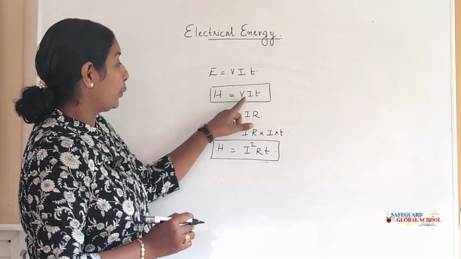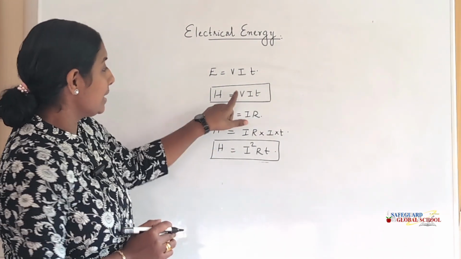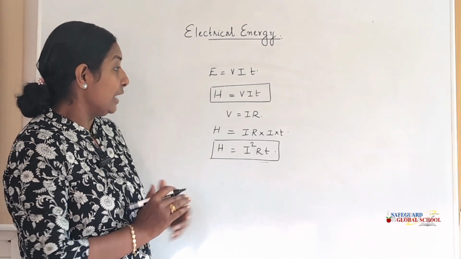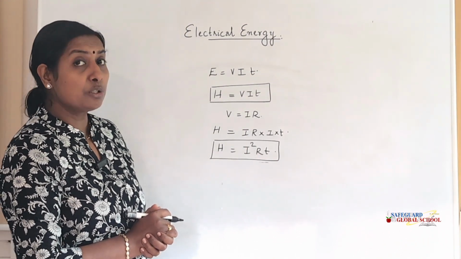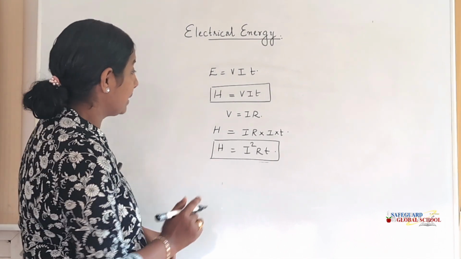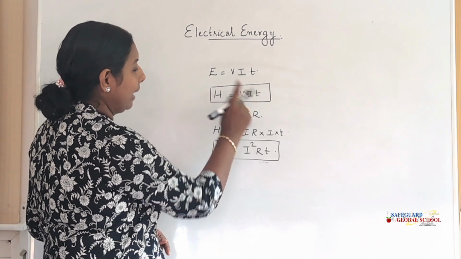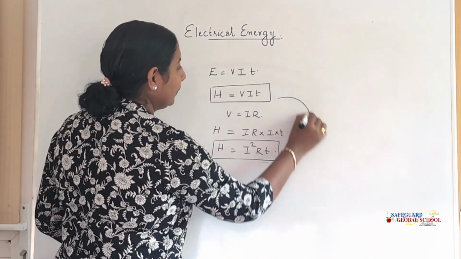Then, H is equal to VIT. So this is in terms of V and I. This equation is in terms of I and R. So can we get a relation in terms of V and R? Instead of this I, we will write V by R. So what will we get?